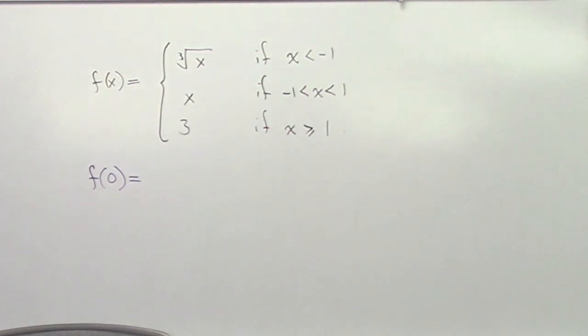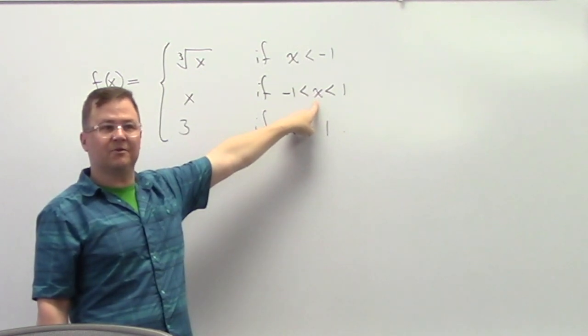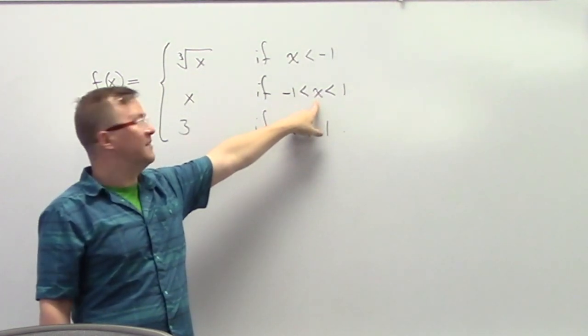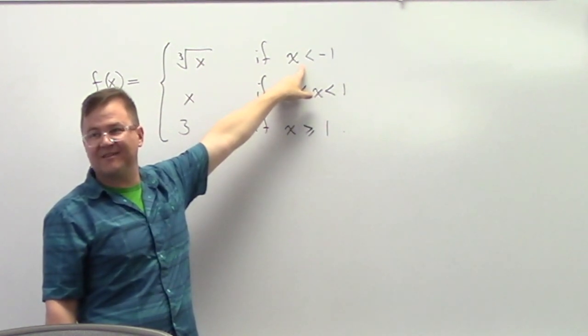You can do the first two? Because 0 is in between -1 and 1. But 0 is not less than -1, right?